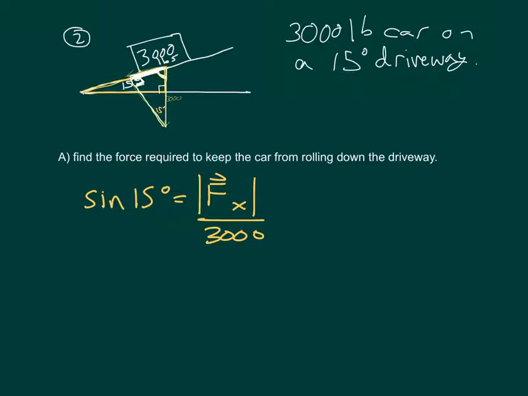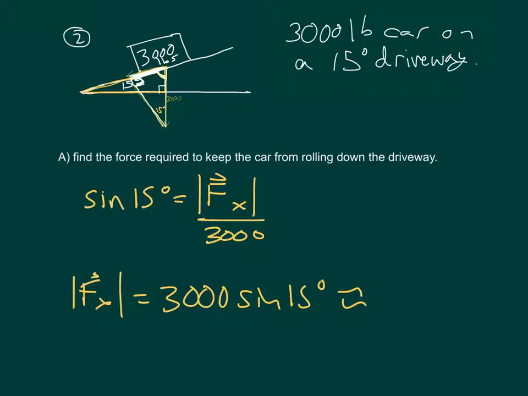Because we're dealing with the magnitude of the force. So my magnitude of the force in the direction of the ramp is going to be 3,000 sine 15, which will be about 776. And my units are pounds. Okay, so that would be the force required to keep this from rolling down the driveway.